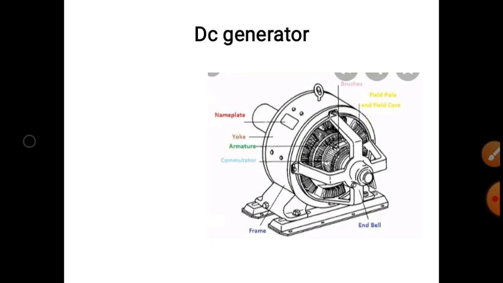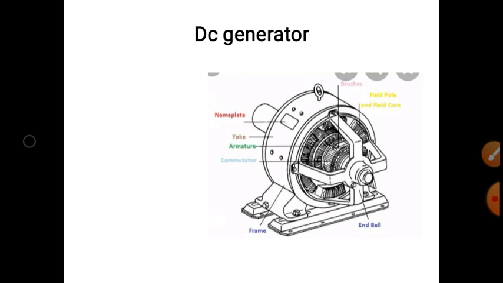Coming to the next one, the core of the armature. The core of an armature is made up of silicon steel laminations. Basically it is cylindrical in shape and carries the armature winding in the slots of the armature core. The next point is armature windings. Armature windings are placed in the armature slots, in which EMF will be induced.